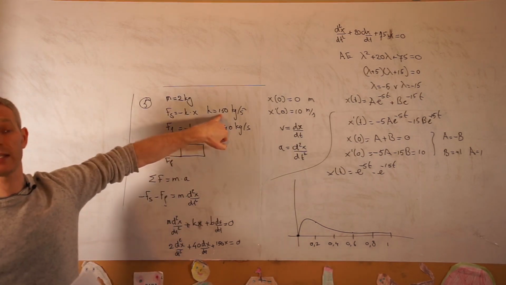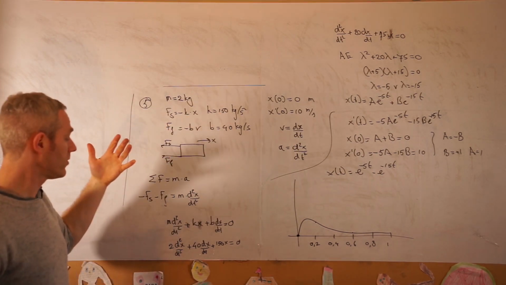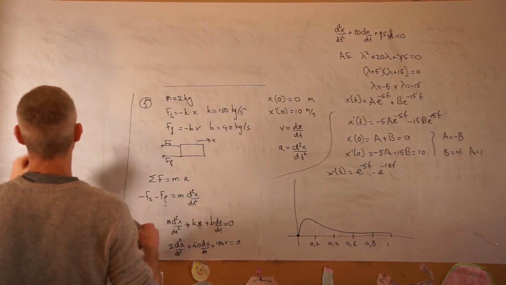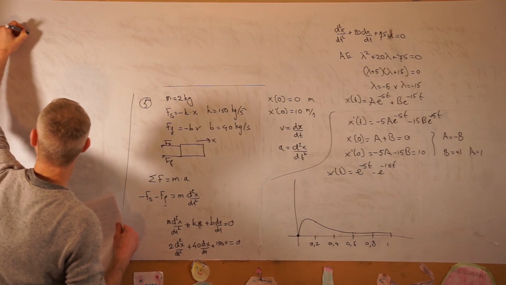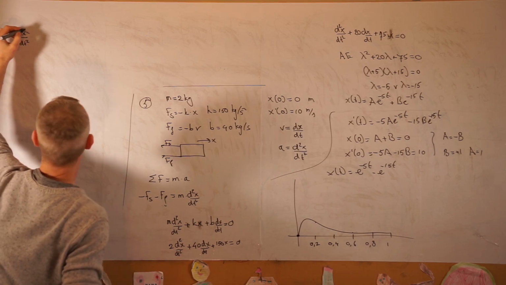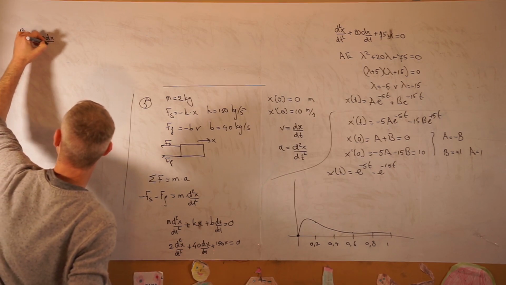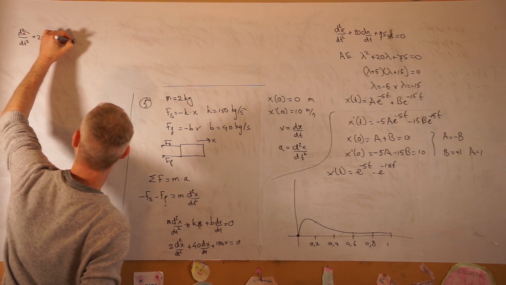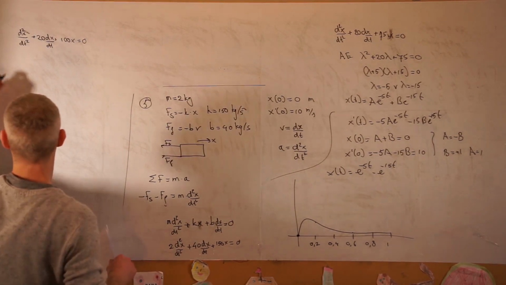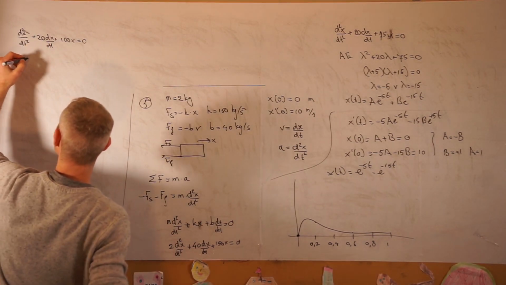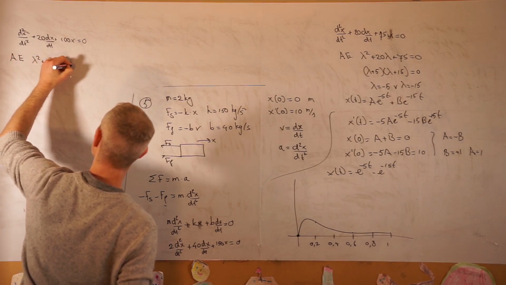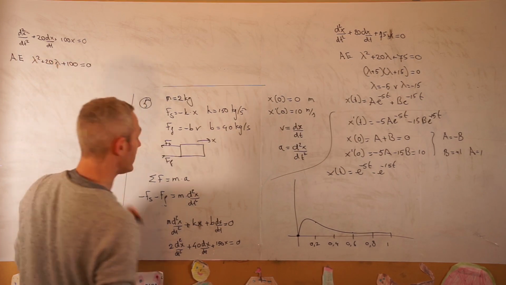The only thing that changes is k is no longer 150, but 200, and we find 100 instead of 75 here, and we find d squared x dt squared plus 20 dx dt plus 100x is equal to 0, and we solve it in exactly the same way using the auxiliary equation, which is lambda squared plus 20 lambda plus 100, and that should be equal to 0.